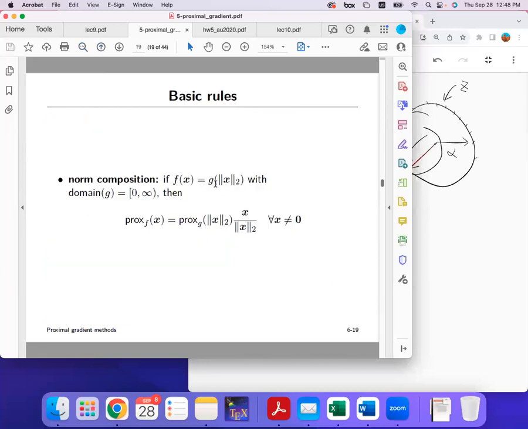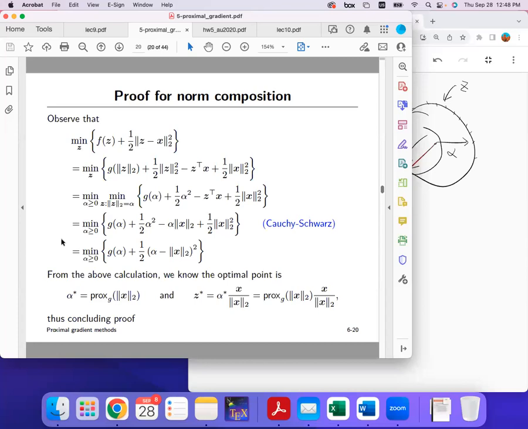So here, the domain of the G function is restricted to be positive because the input is an L2 norm, right? So it is not supported on the negative domain. Okay. Then this minimization problem is a standard definition of a proximal mapping associated with function G evaluated at the L2 norm of x. Because this is minimizing over the entire domain of function G.